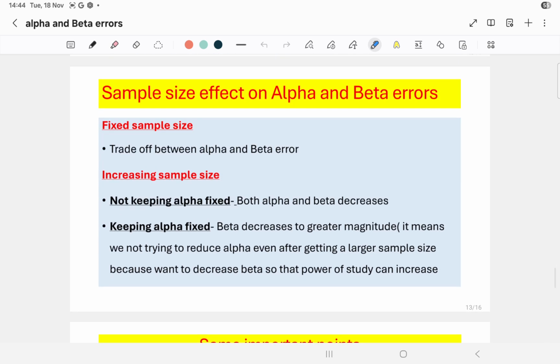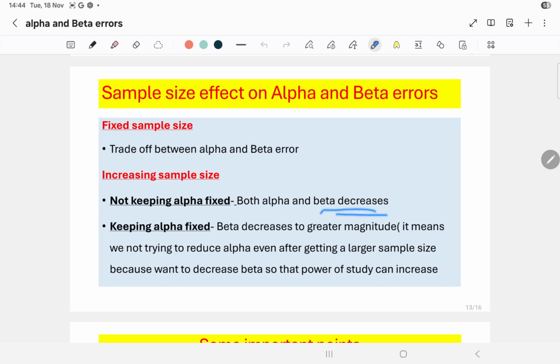So let's see this. If there is a fixed sample size, there is a trade-off between alpha and beta error. But if you increase the sample size, by not keeping the alpha fixed, like you will not fix the alpha error at the start of the study that we have discussed, both alpha and beta decrease.